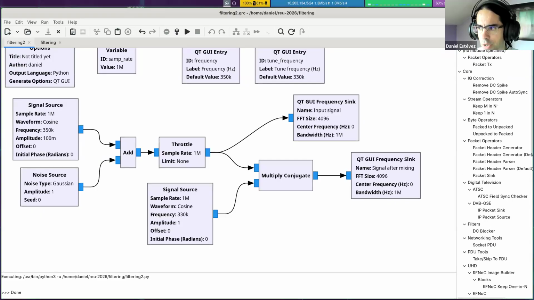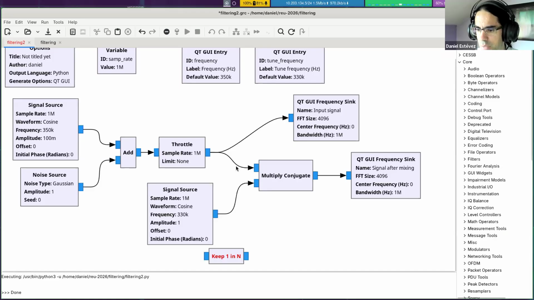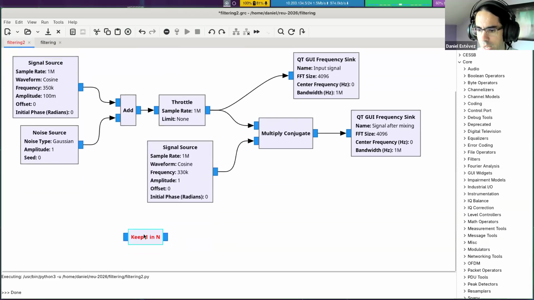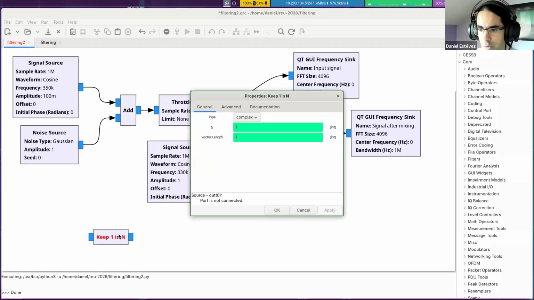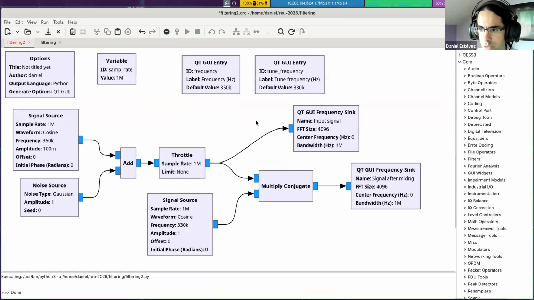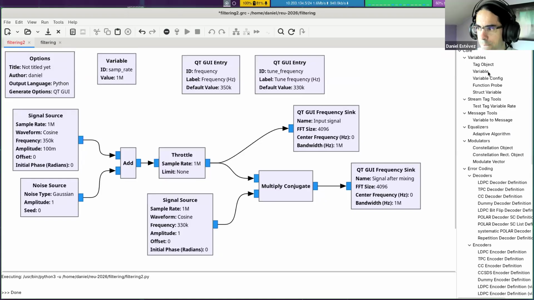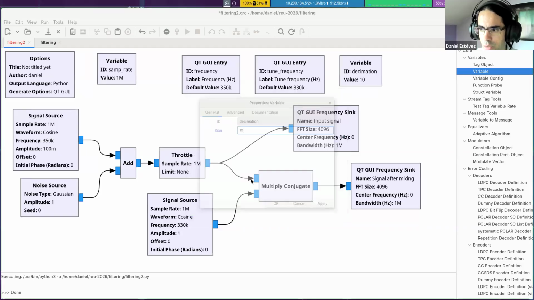So in GNU Radio, there are multiple ways of doing that operation, essentially taking 1 sample in every 10. The simplest way to do it is with this keep 1 in n block. And this is self-explanatory. N is a parameter, so I'm going to add a variable, which is going to be called decimation. And then I can set my variable right here, decimation, and I'm going to set it to 10.